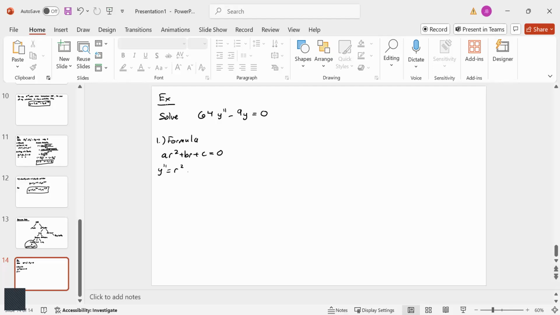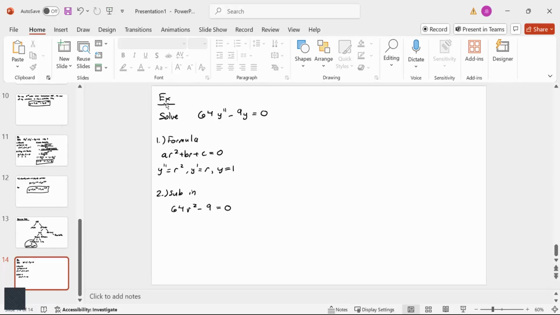So y double prime is r squared, y prime is r, and then y is 1, right? So step two, sub in. 64 y double prime becomes 64 r squared minus 9. Now here is where people would put r on accident, but it's not r because it's not y prime, so it's not r, it's y, which means it's 1. So 1.